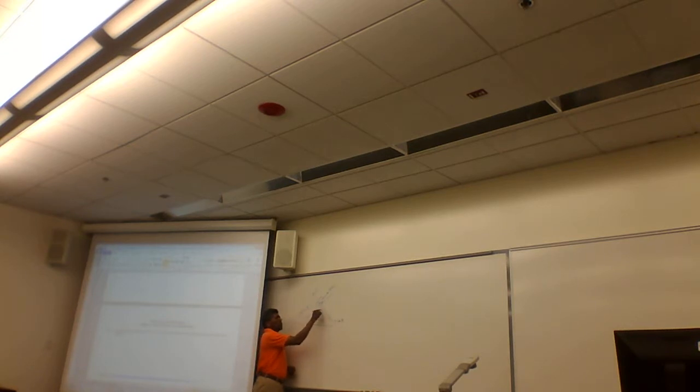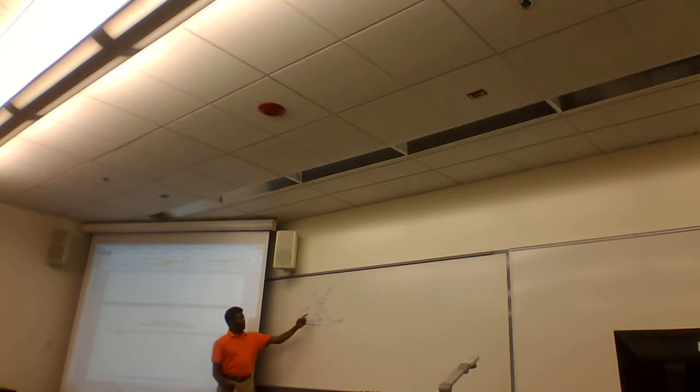If this is 60, how much would this angle be? 30. That is how the same angle comes up. Then theta would be 30 degrees here, and this would be 30. Now this guy is gone. In place of that, I have these two.